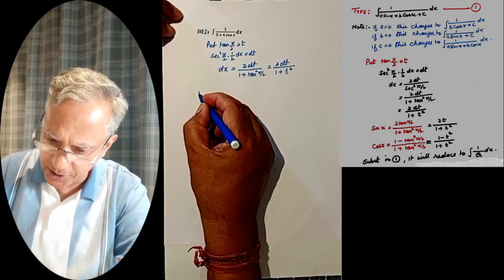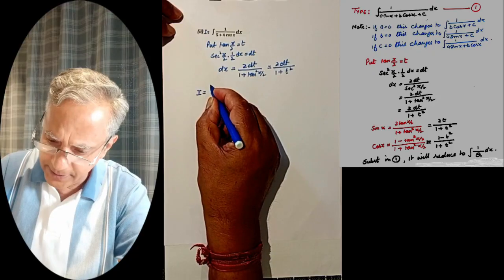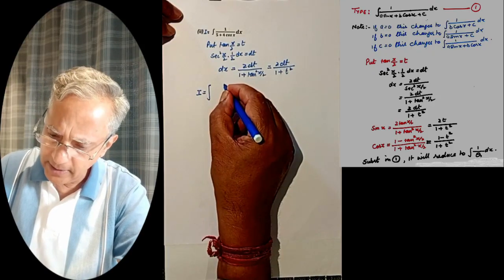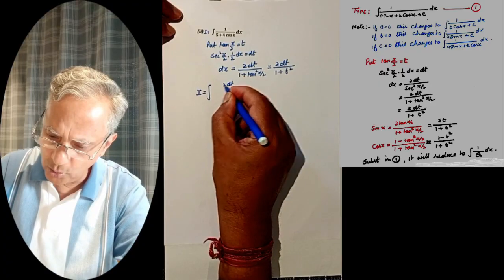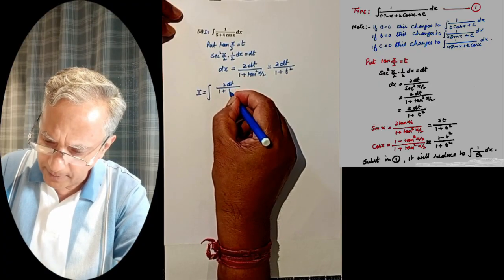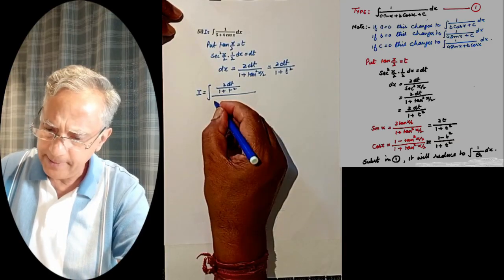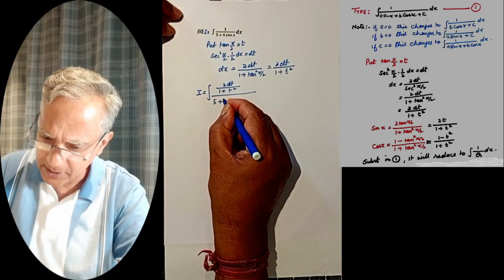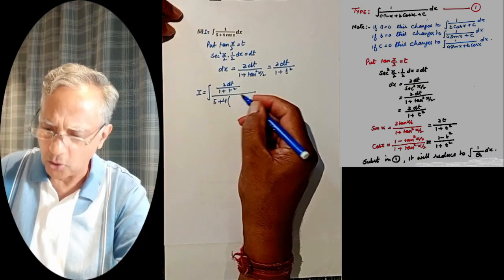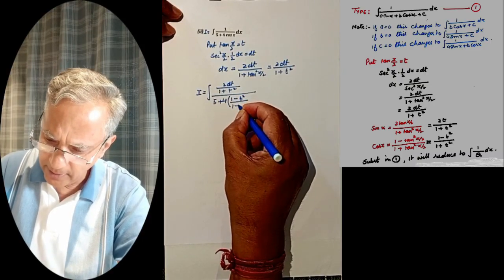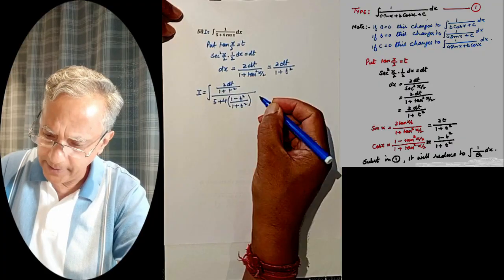And therefore, this question changes into I is equal to integral dx. dx is 2 dt over 1 plus t square. So this is 2 dt over 1 plus t square whole divided by 5 plus 4 cos of x. Cos is 1 minus t square over 1 plus t square.